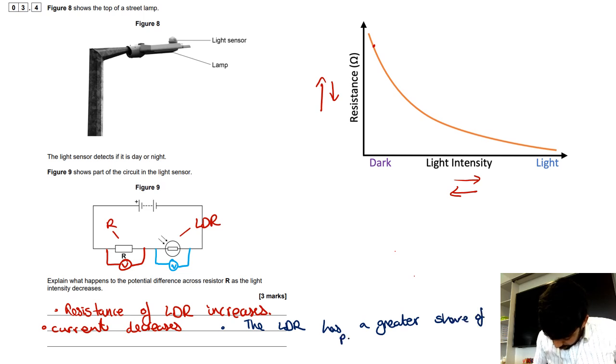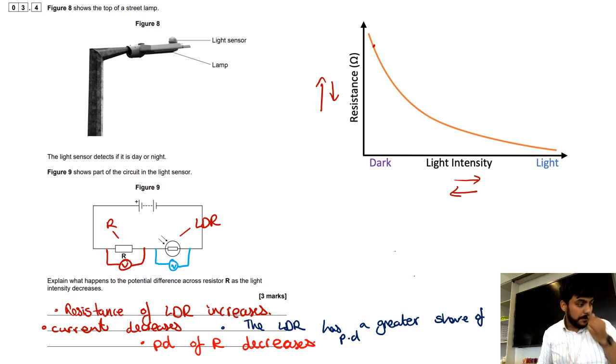The next thing that you have to say is the potential difference across the R decreases. Okay, so notice the two routes that I have taken for a 3-mark question.